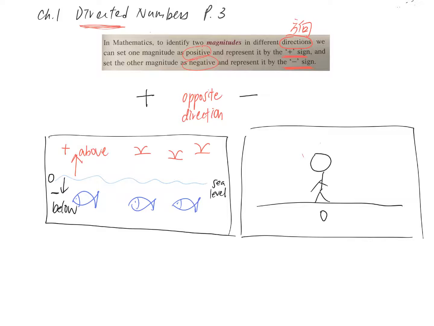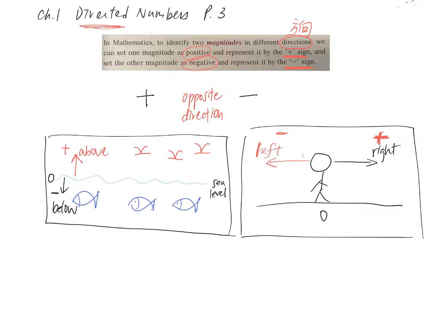Now let's say moving to the right, I use the symbol of positive. And its opposite direction will be moving to the left, right? To the left. So they are in opposite directions. I will use the symbol of negative to represent it. So these are the directions given by the symbols.